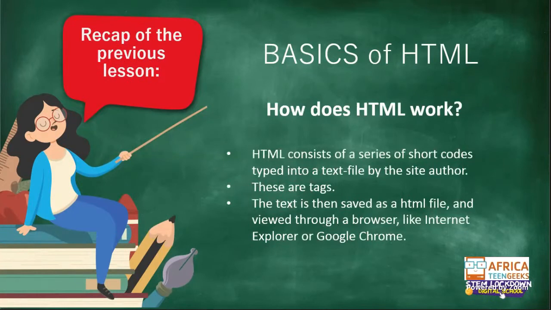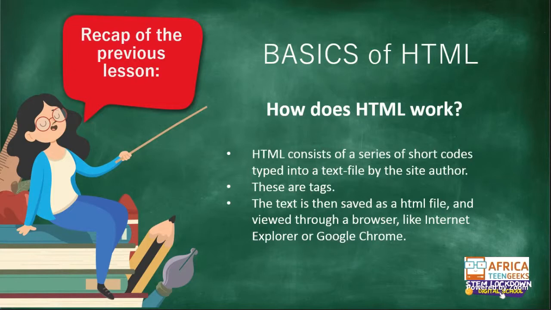How does HTML work? HTML consists of a series of short codes. If you remember from yesterday, we were typing in short codes, and those codes represented certain aspects of the web page. And we were able to then insert other codes which kind of changed the way that the website looked.